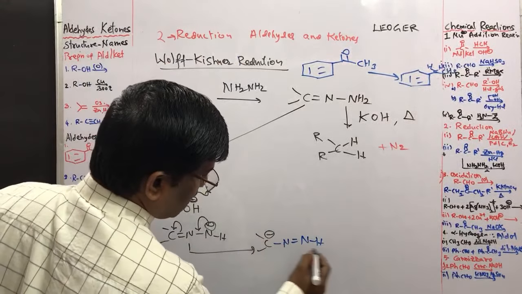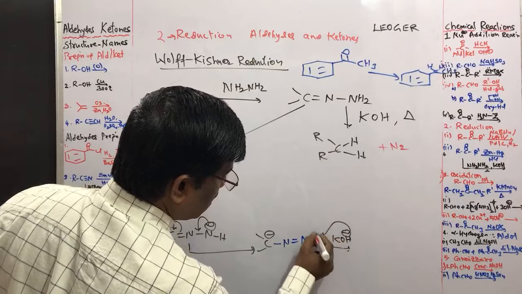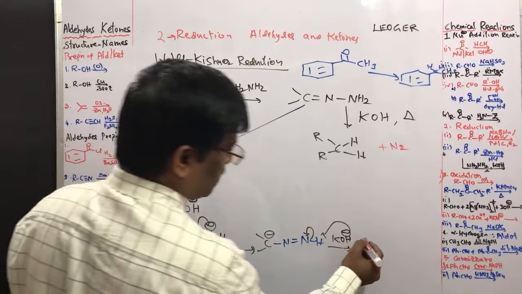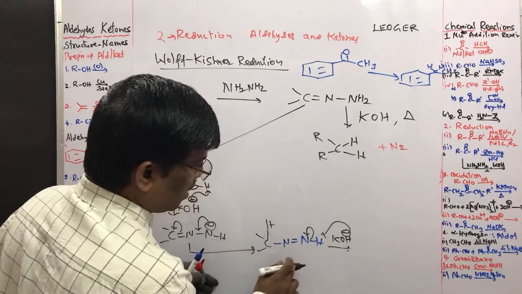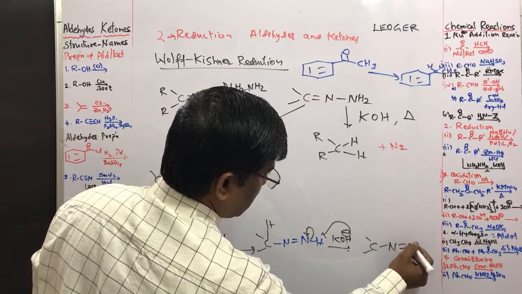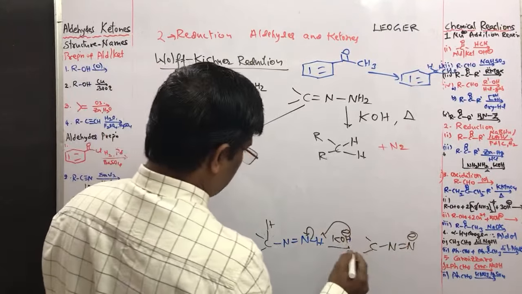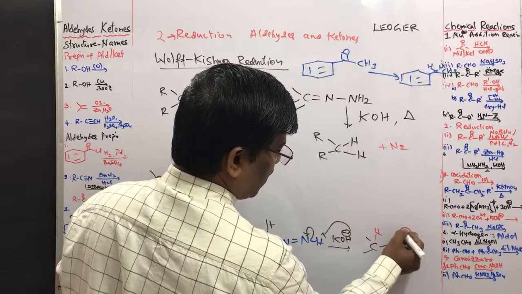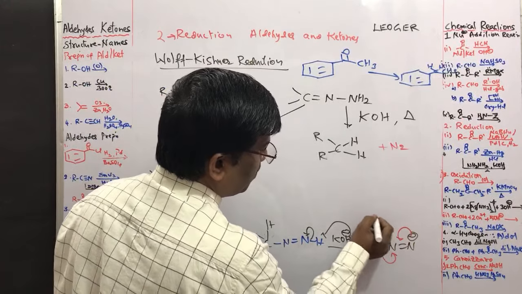At this stage, another molecule of KOH takes up this proton to form nitrogen minus, and before that it takes a proton to give carbon, nitrogen and nitrogen minus, already one hydrogen is here.